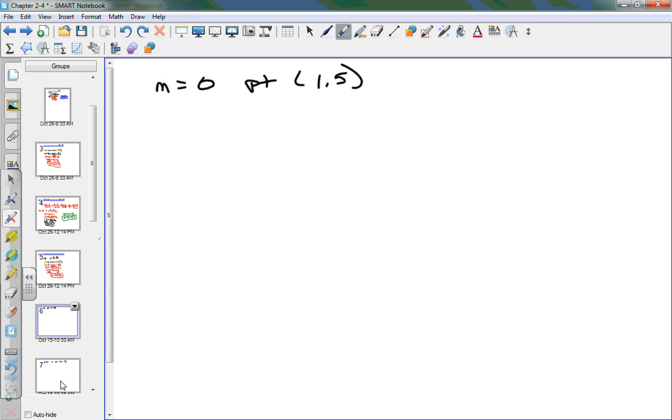I give you the slope equaling 0 and a point being 1,5. I want you to go back to the picture that I've drawn on this board like 4 times in the last time that we've had class, seriously.